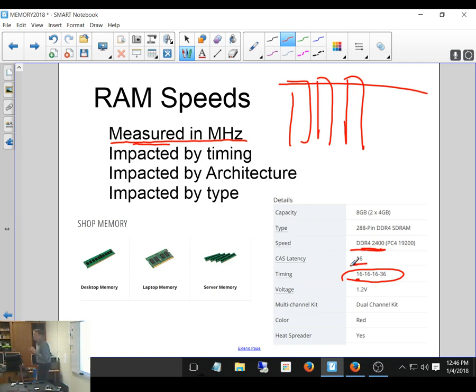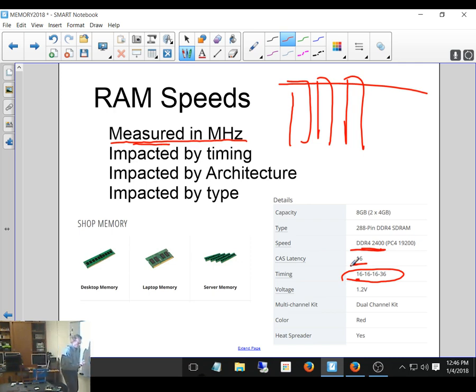In other words, that's how many trips around the motherboard it takes to fill up a column of data. So it takes 16 trips around the motherboard. Now, it's going at 2,400 million revolutions per second. If you wanted to divide 1 second by 2,400 million and then multiply that by 16, you'd find out how many nanoseconds it actually took to write that data.